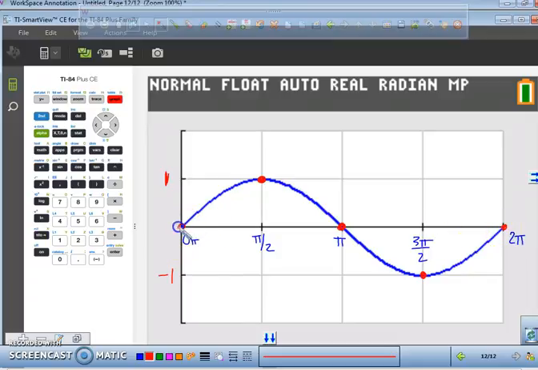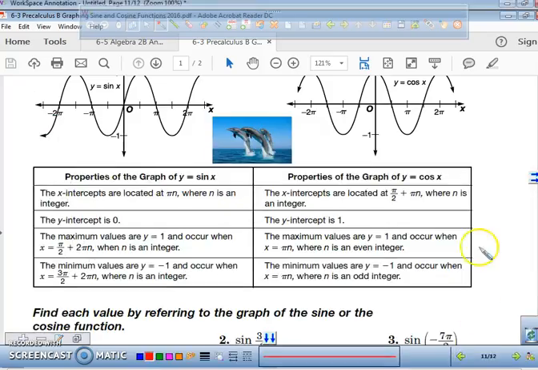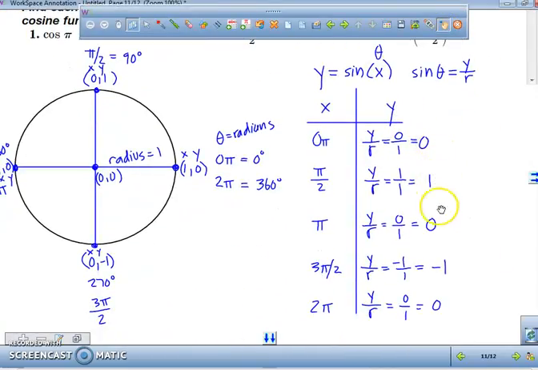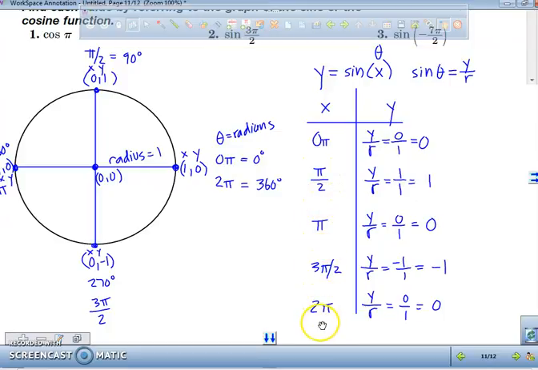So I'm going to go back to our table. Our y value started at 0, then it went up to a 1, then back to a 0, then down to a -1, and then back up to 0. So we go back to our table. There we go. 0, 1, 0, -1, 0. At all increments of going up by pi over 2.